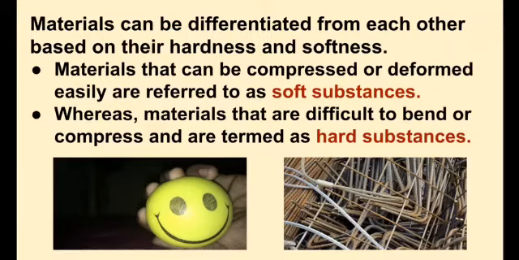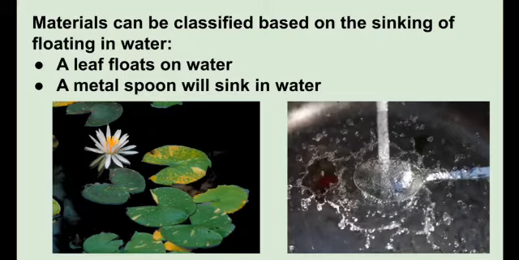Now we are going to talk about some more classification, like materials can be classified based on sinking or floating in water. We can further classify materials according to whether they sink or float. If we classify the material according to the sink or float property, a leaf is the best example.